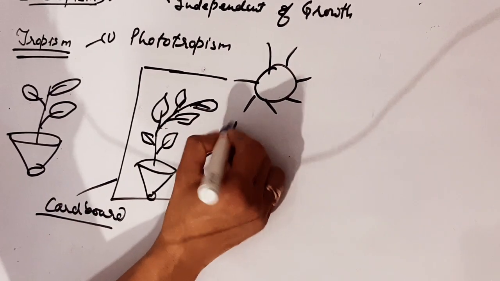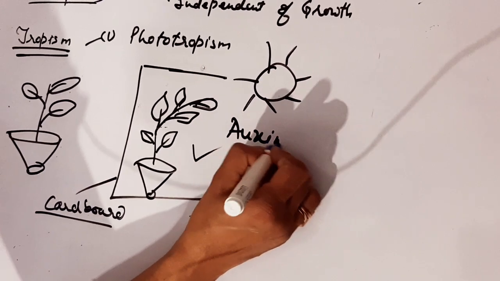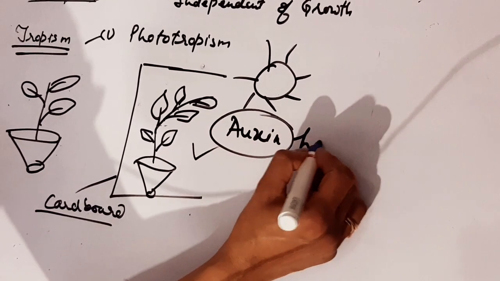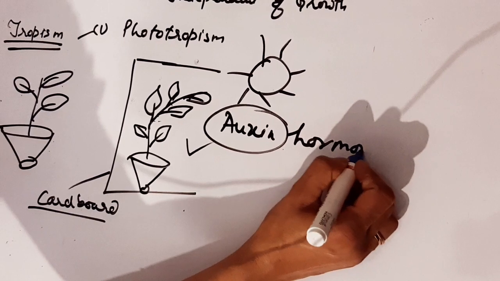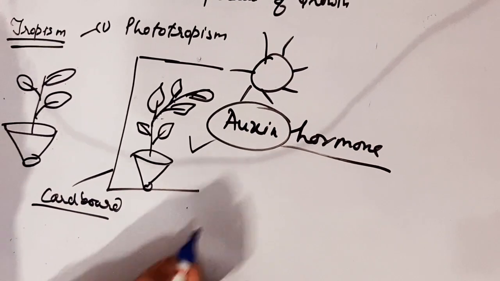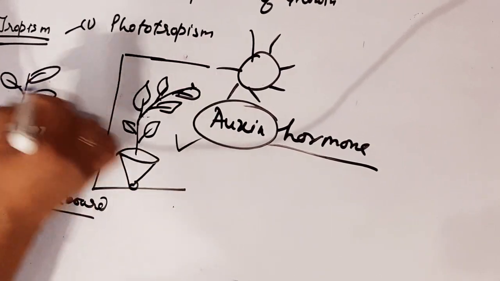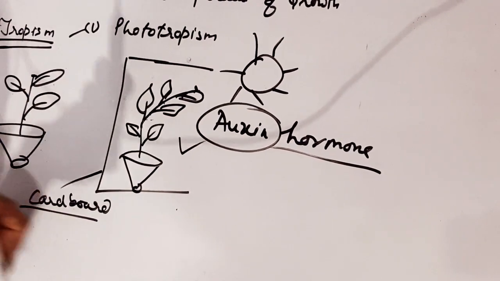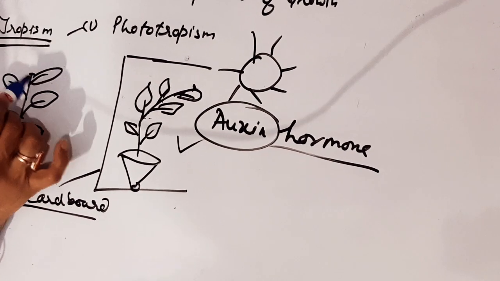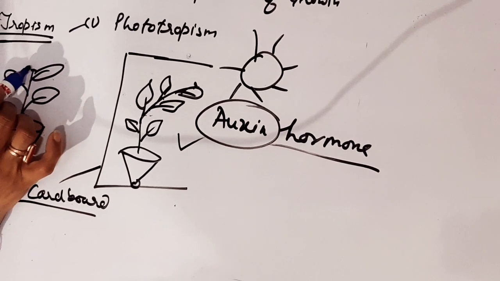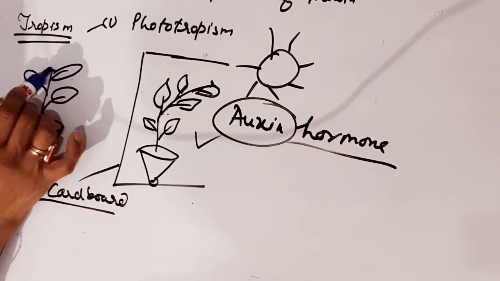It is taking place due to the secretion of a hormone, which is a plant hormone, not an animal hormone. It is secreted at the tip. This is the meristematic zone. I told you in class 9 what the meristematic zone is. The meristematic zone is the region where new cells are added.